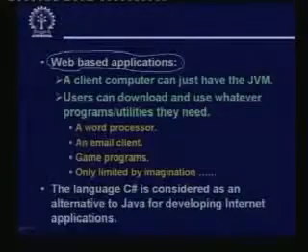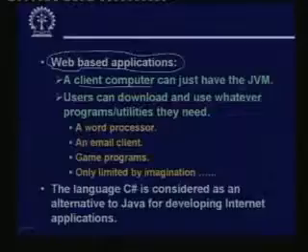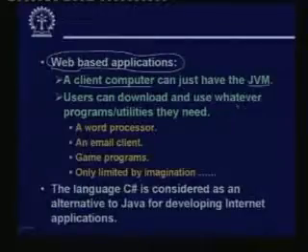They can execute directly on the mobile device. So think of a situation where the client computer has only the JVM installed, and users, depending on their requirements, can download any application or utility they want and use it.